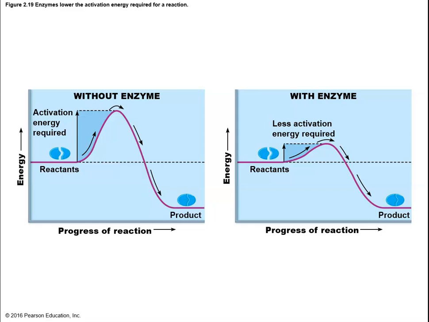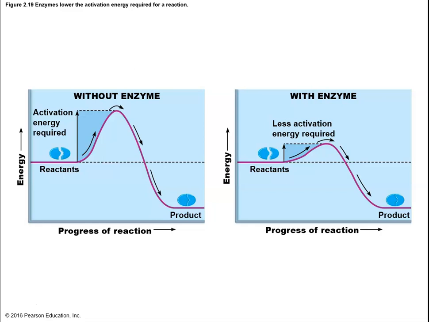So with enzymes, as you can see in the second picture here, the energy it would take to achieve a particular reaction is much less than it would take without that enzyme present, and it takes a much shorter period of time to get to the end product.